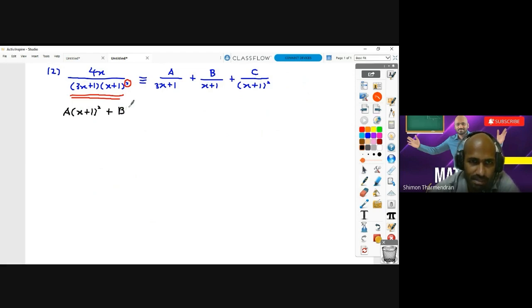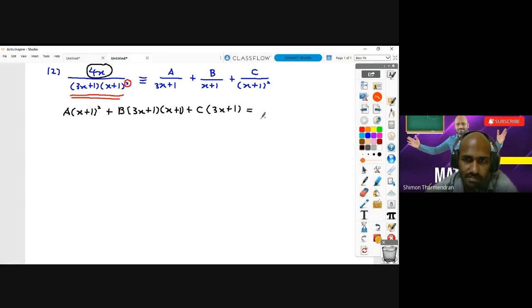B is missing a 3x plus 1, and B is also missing another x plus 1 because the denominator over here in red is (x plus 1) squared. B only got one x plus 1. And C, the denominator over here already got (x plus 1) squared. So C doesn't have a 3x plus 1. So just tambah what C doesn't have, and it equals the numerator over here, 4x.